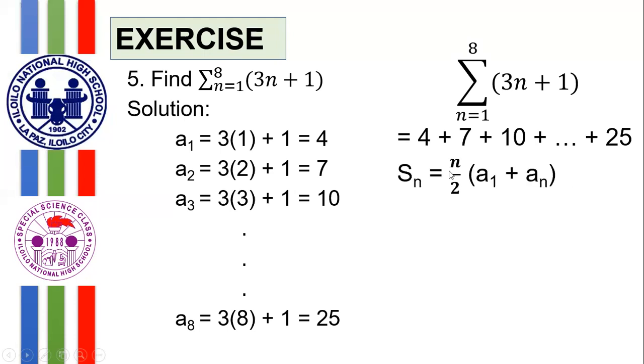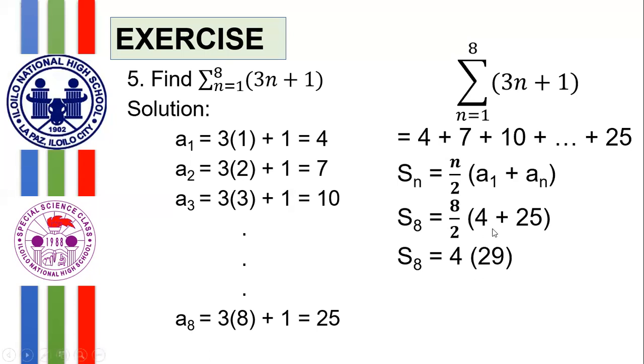I intend to use the shorter version of the formula because I know the first term, which is 4, the last term, which is 25, and your number of terms, which is 8. So replacing all n's with 8 and substituting the other values, you have s sub 8 equals 8 over 2 times the sum of 4 and 25. 8 over 2 is 4. 4 plus 25 is 29.